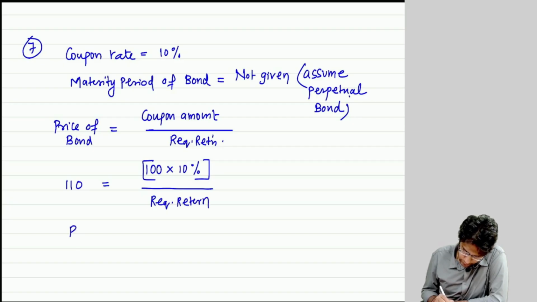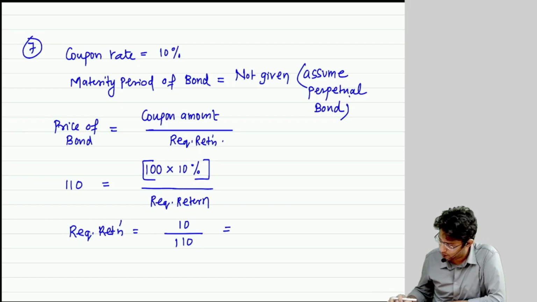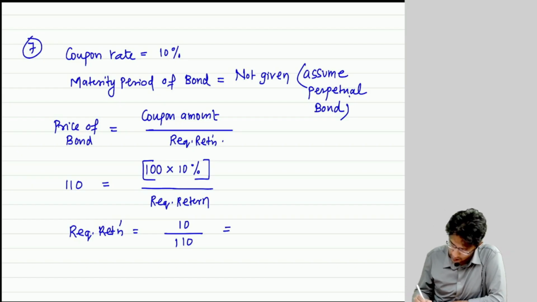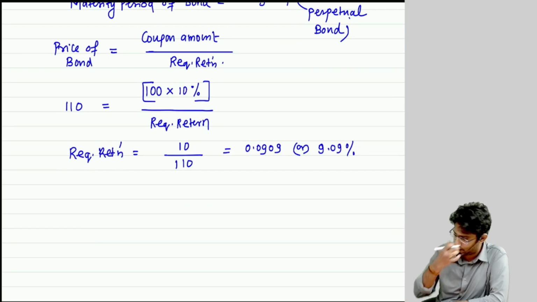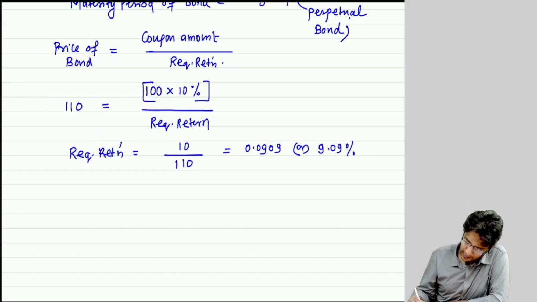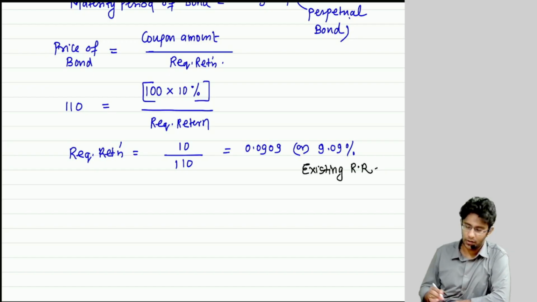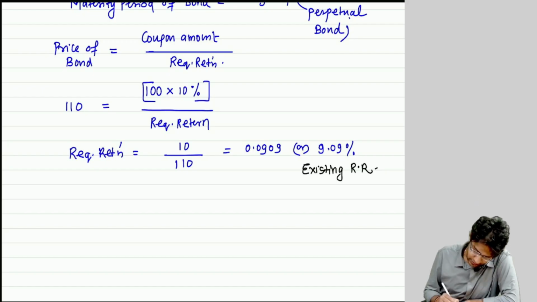So required return from the bond is 10 by 110. 0.0909 or 9.09%. This 9.09% is your existing RR. Now twist. What is the twist?